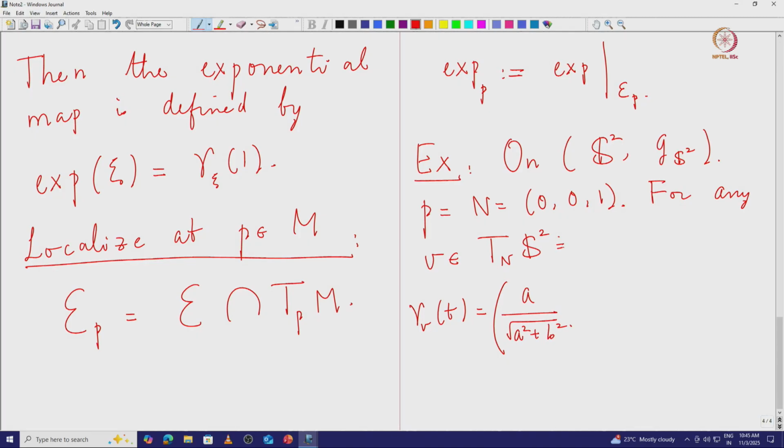Here I am identifying the tangent space at the north pole with R2. So this is the set of all vectors a comma b comma 0, where a, b are real numbers.